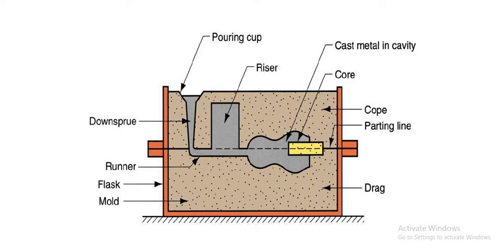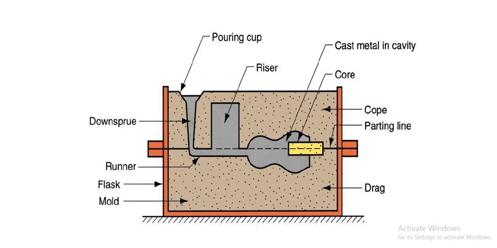Then the runner, which helps the horizontal passage of the material flowing into the mold cavity. It is the horizontal part which helps in the passage of the molten metal flowing through to the mold cavity. The next one is the pouring cup. It is like a funnel in shape, and through this part we pour the molten metal into the cavity.